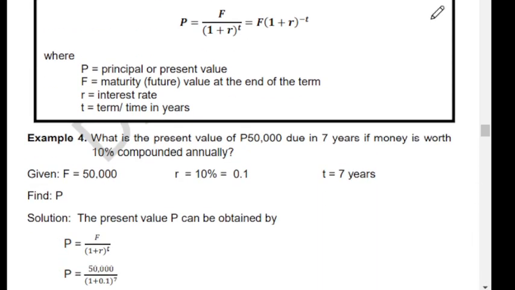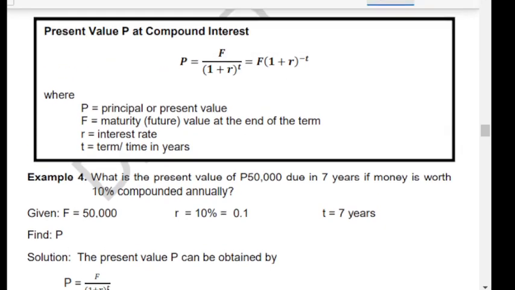So we have present value P equals F over quantity 1 plus R to the power of T, or F times quantity 1 plus R to the power of negative T. So P is your principal or present value, F is maturity or future value at the end of the term, R is the interest rate, T is time or term in years.